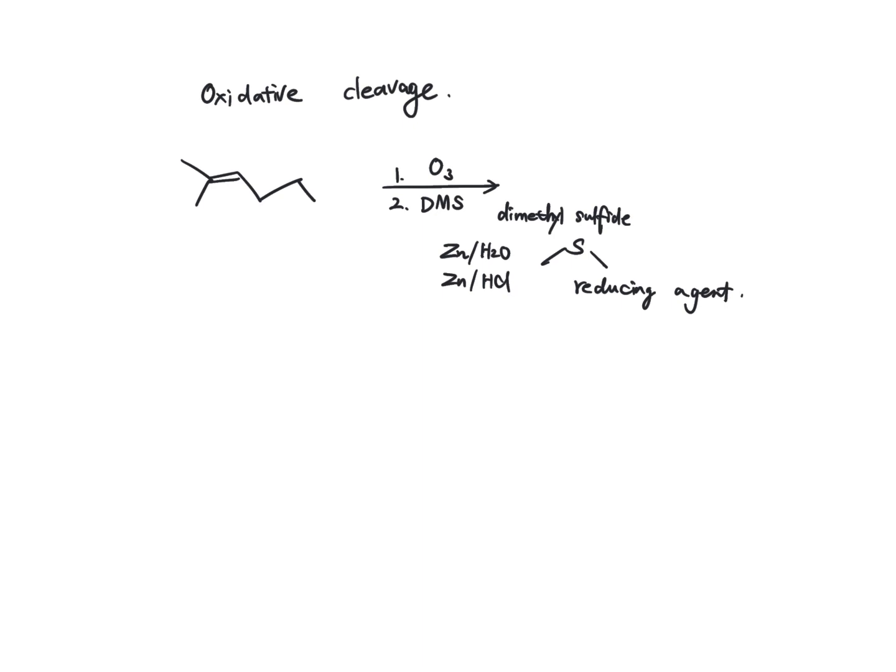And what happens here is this is your carbon on the pi bond, and it chops this off and replaces it on each of the carbons. I'm going to label them carbon 1 and 2. So carbon 1 will become a carbon-oxygen double bond, and carbon 2 will become a carbon-oxygen double bond.